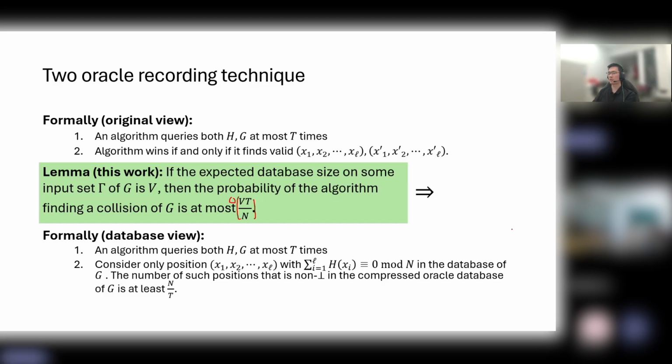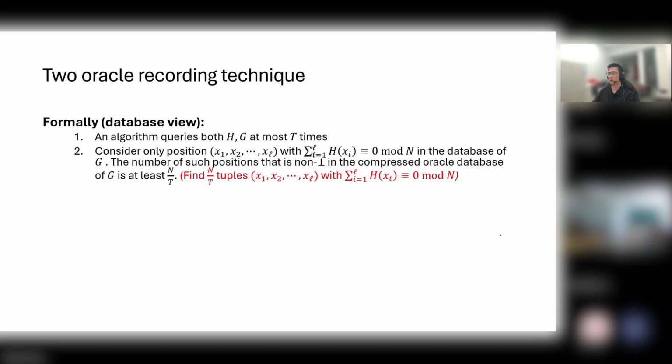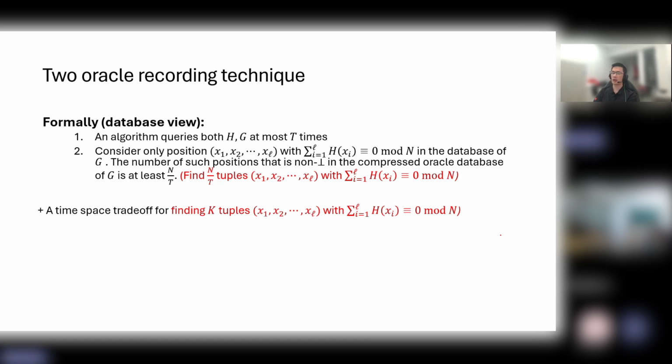Basically you want to find n divided by t tuples that sum up to 0 under H. And on the other hand, we can prove a time-space trade-off for finding k tuples of sum 0 under random oracle H. Then we can combine these two results to say that for this short output problem, there's a space-time trade-off.